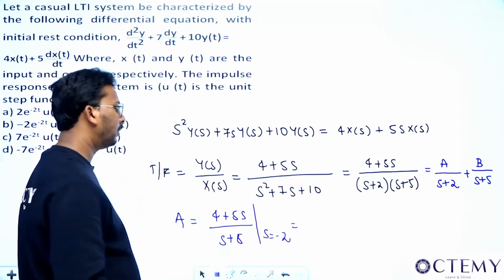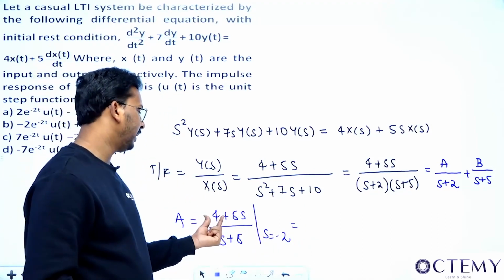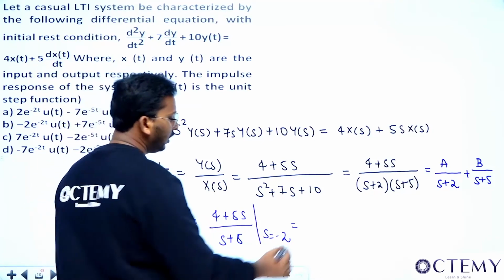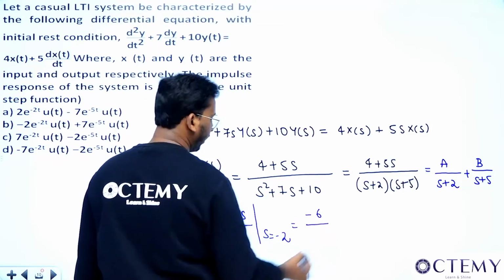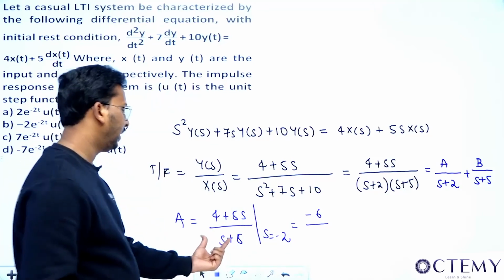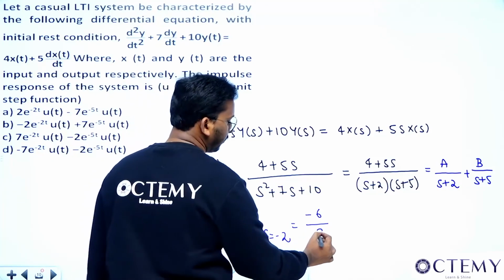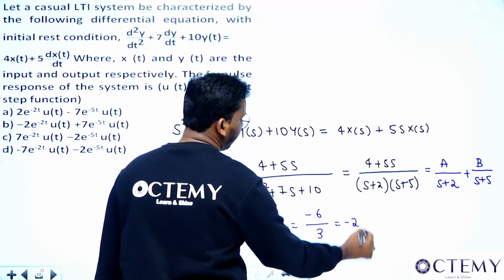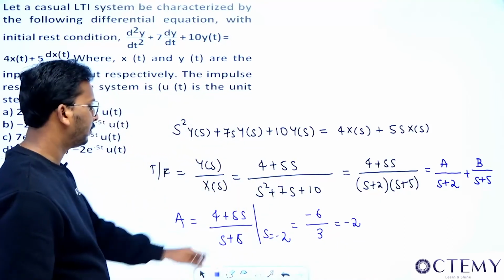So see sir, what will become? This will be 4 minus 10, isn't it? 4 minus 10 should be minus 6, divided by 5 minus 2, which is 3. So this will become minus 2.